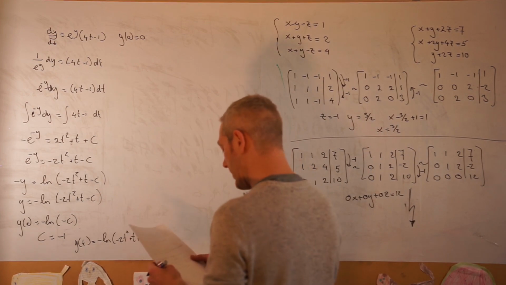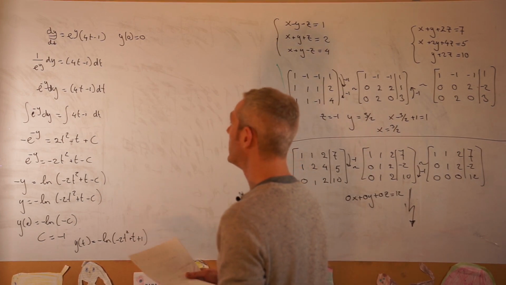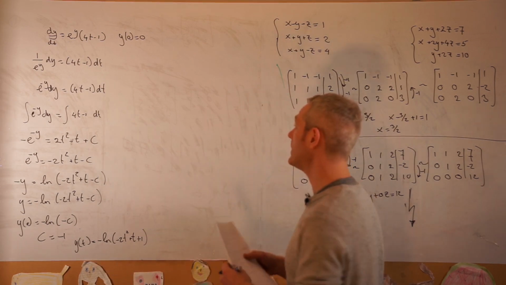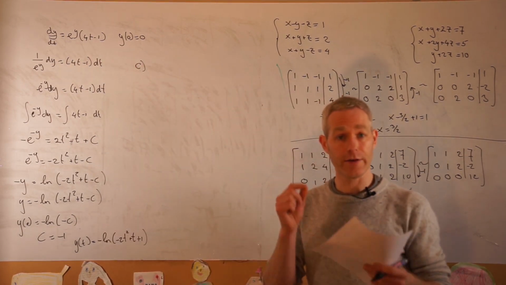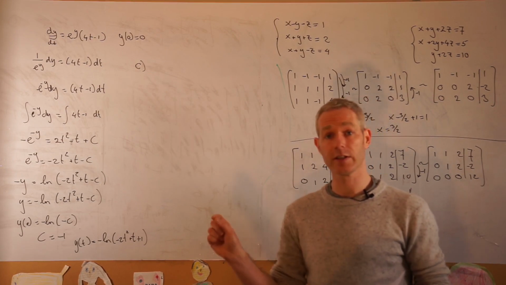Now we also have, for part C, a differential equation with a fourth order polynomial. Now it doesn't contain all the terms.